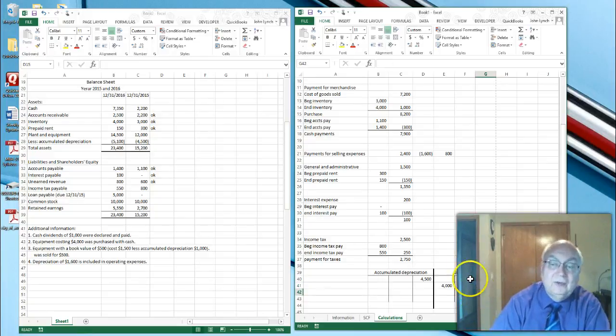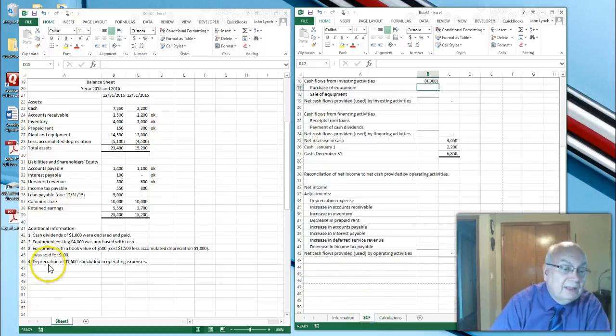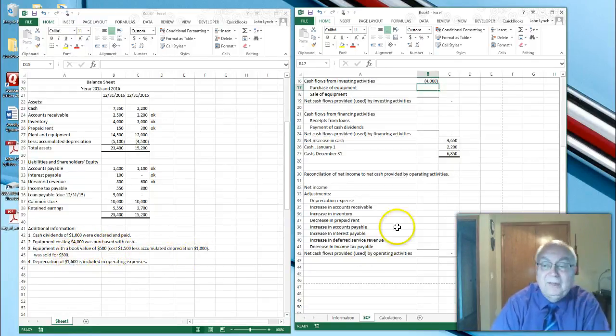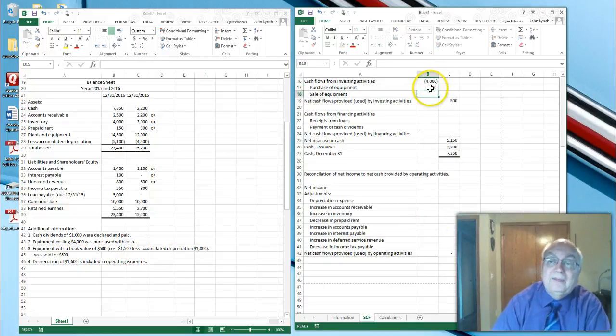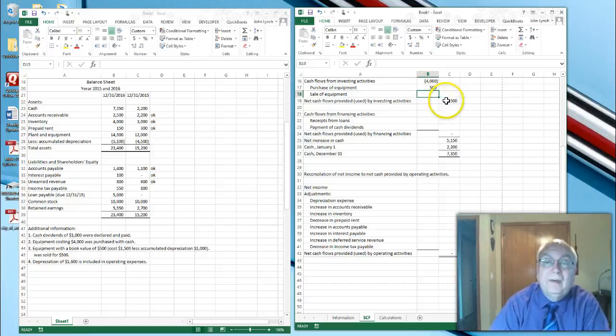That's what we have in the account so far. But what else did it tell us? Okay, that's part 2. Part 3 says equipment with a book value of $500, cost $1,500 less accumulated depreciation of $1,000, was sold for $500. Well, here we would have an income of $500 coming in.